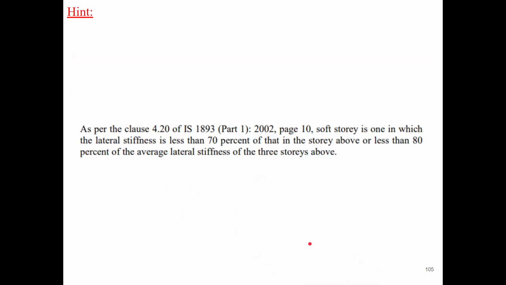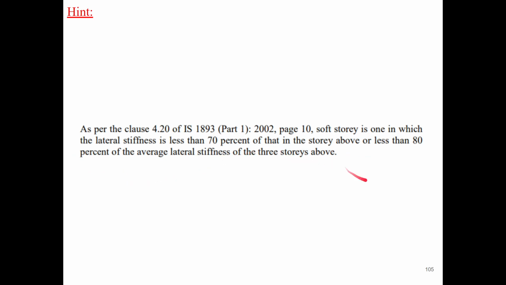If you see on page 10 of IS 1893 Part 1 2002, that is clause 4.20, it is written that a soft story is one in which the lateral stiffness is less than 70% of that in the story above, or less than 80% of the average lateral stiffness of the 3 stories above.